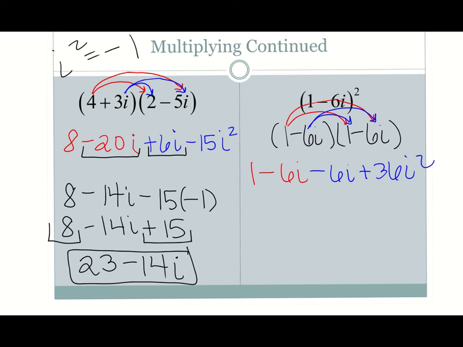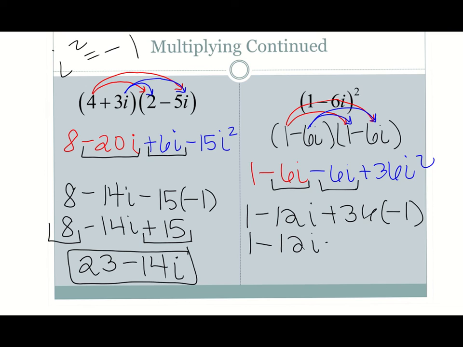So now I want to go through and simplify. So I have 1 minus, I can combine my i's, 12i plus 36, and i squared is the same as negative 1. So I have 1 minus 12i minus 36, and now I can combine my numbers.